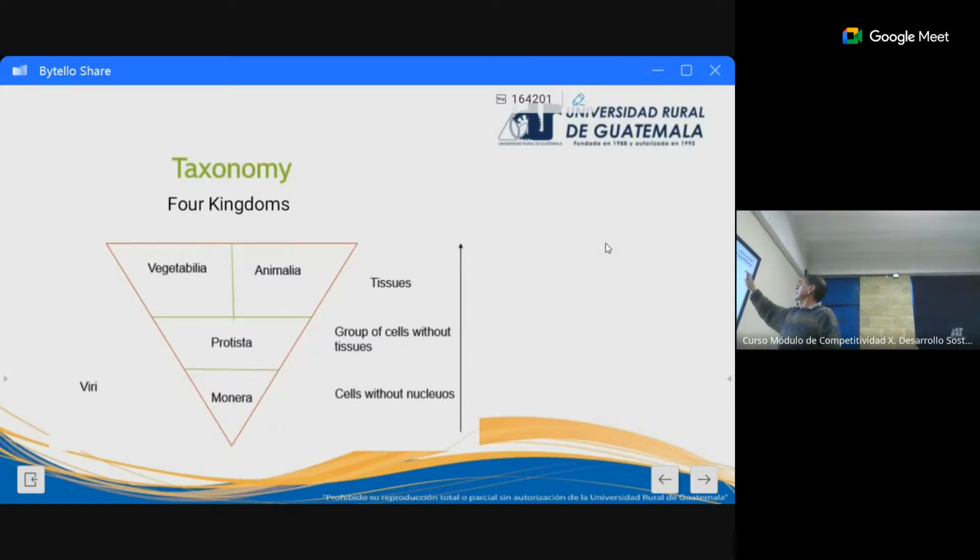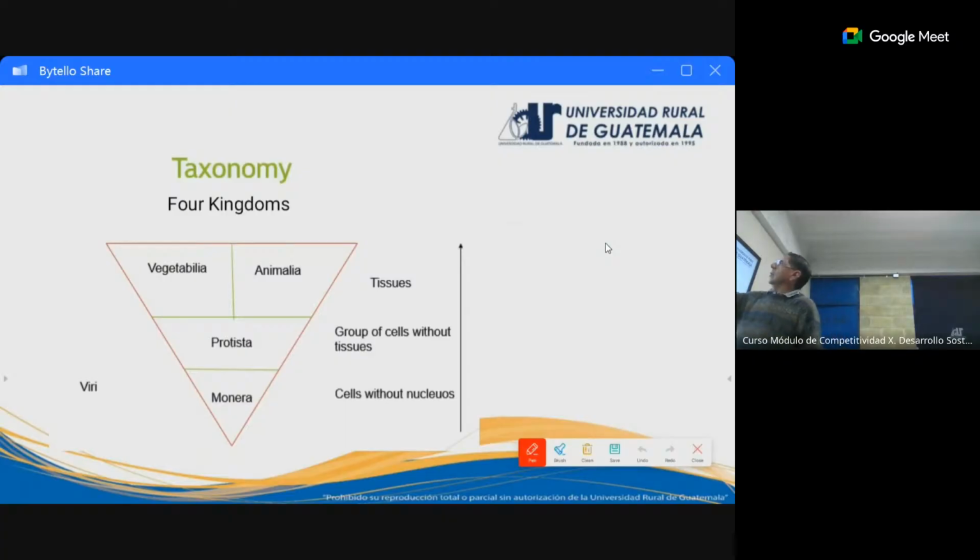Okay, we said that the simplest level is this one here, Monera, and they are living organisms that have cells without nucleus.